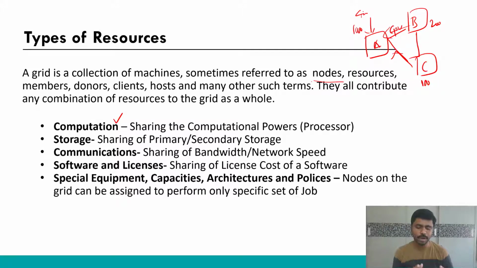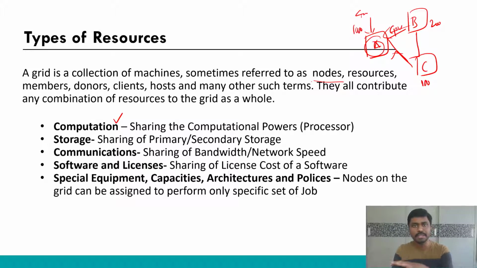If you buy a 1 user license, it might cost you, let's say, 1000 rupees, whereas a 3 user license will not cost 3000, they might charge only 1500, so per person it costs only 500. The same concept you can leverage in grid computing also. Let's say there is one software which is installed on server A.